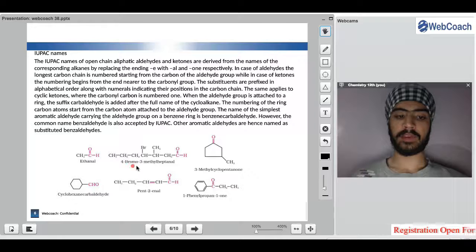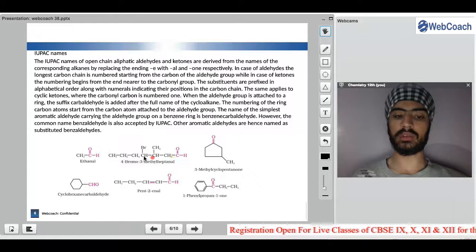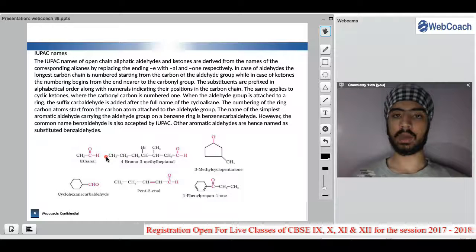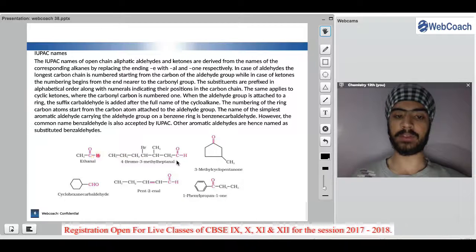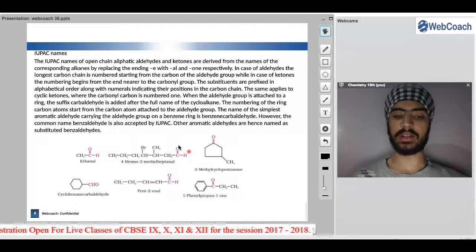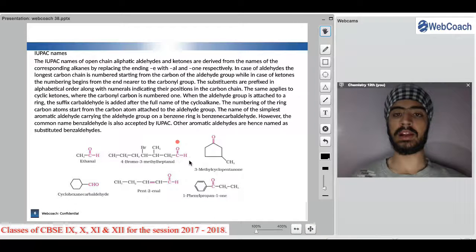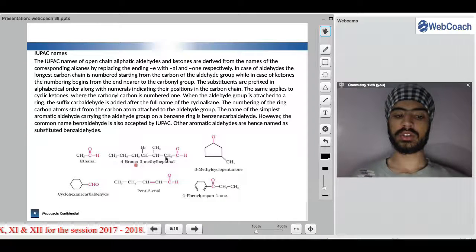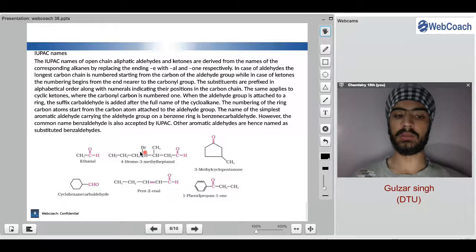So here we have 4-bromo-3-methylheptanal, because 1, 2, 3, 4, 5, 6, 7, the longest chain is hepta. We have the aldehydic group on the first carbon, on the third carbon we have the alkyl group, methyl group, and on the fourth carbon we have the bromo group.